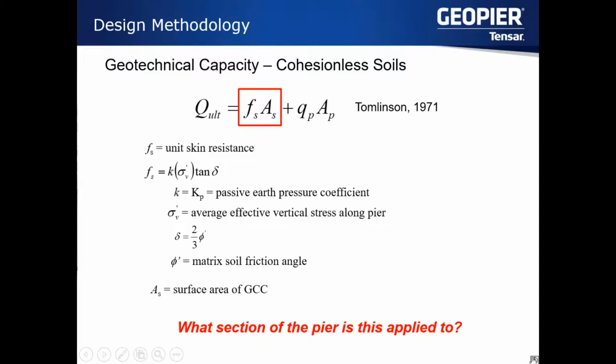And because of that, we really can't rely on any adequate skin friction resistance in the majority of cases. There are some instances where we may have a reasonably competent layer above the bearing elevation, and considering that, we may take some component of skin friction in calculating our resistance for the rigid inclusion, but typically we're not able to do that.